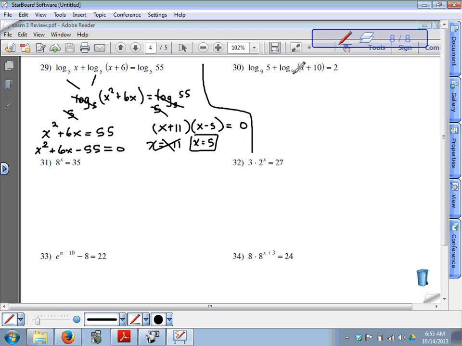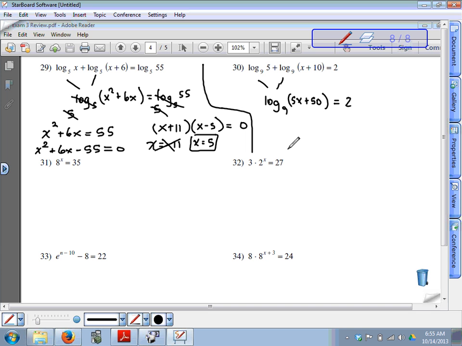Number 30, we have to combine these two logarithms into a single logarithmic expression. Because there's a plus sign between them, we're going to again use the product property. And then log base 9, and then 5 multiplies x plus 10 to be 5x plus 50.